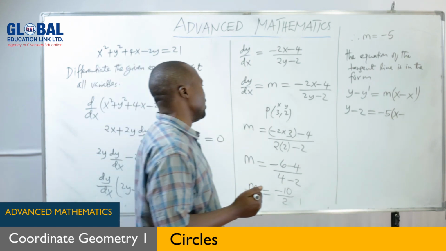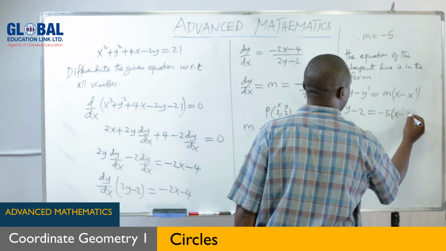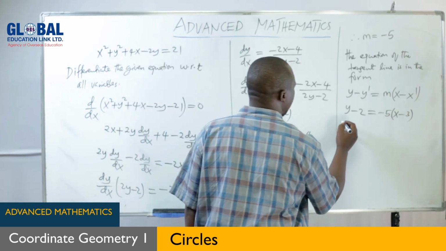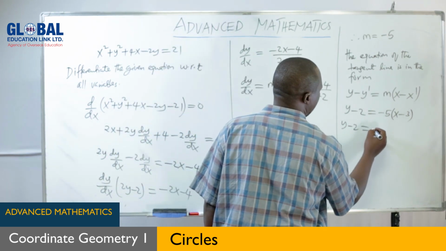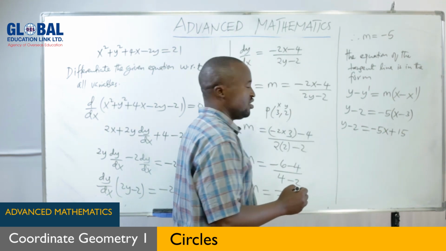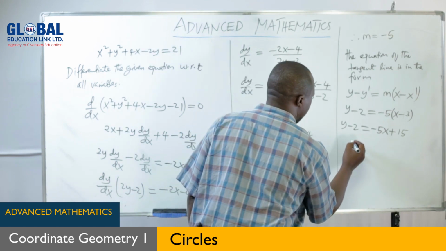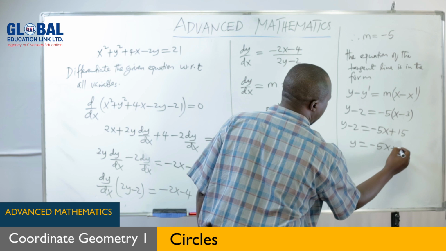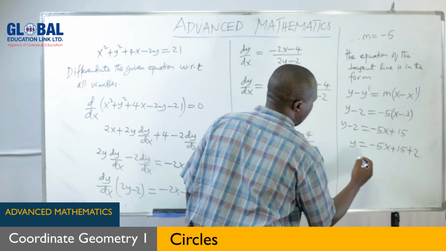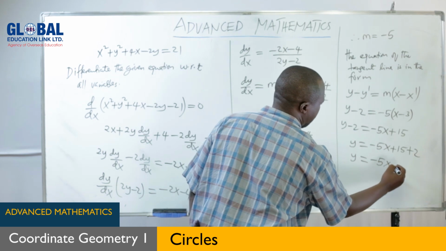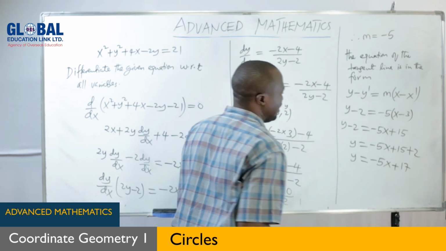That is the coordinate, so that is minus 3. In this case, we can open up the bracket by saying y minus 2 is equal to negative 5x plus 15. So y is equal to negative 5x plus 15 plus 2. That is y is equal to negative 5x plus 17.